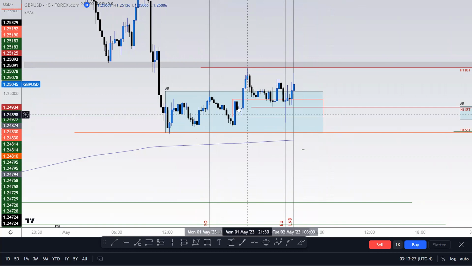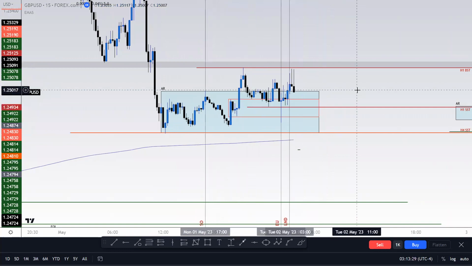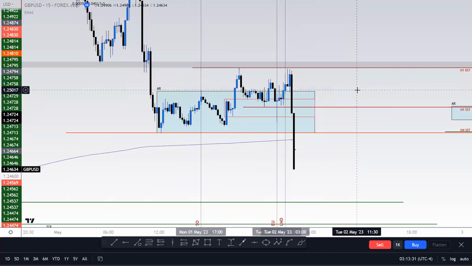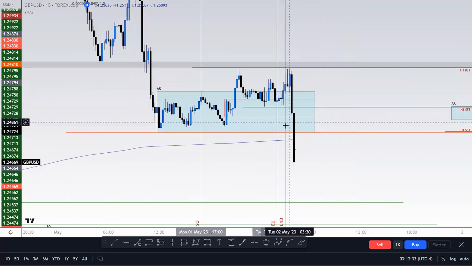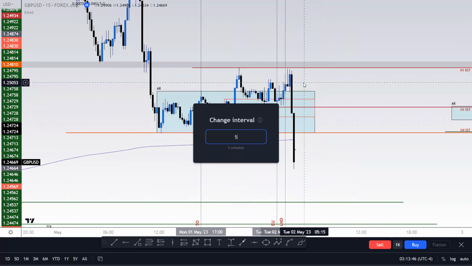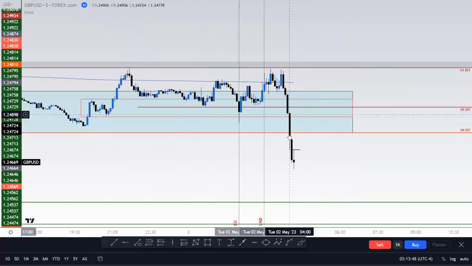However, what we can see is that price had given us a bearish move to the downside. Now, it's easy for this to confuse you, but in a case where price fails to take out the high of the range before breaking to the downside, what do we call this? Well, we call this a reversal.